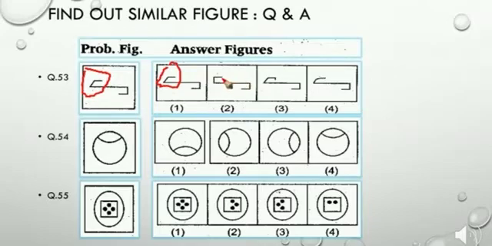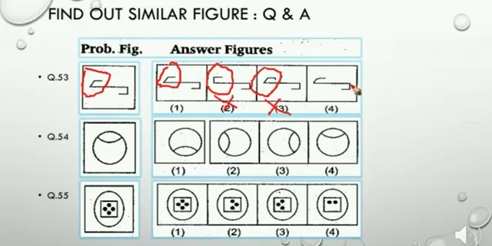In option 2, it is not the same here, so option 2 is ruled out. Option 3, let's check. In option 3 this portion is not the same because there's another line drawn, whereas this line is missing in the problem figure. So option 3 is also cancelled out.